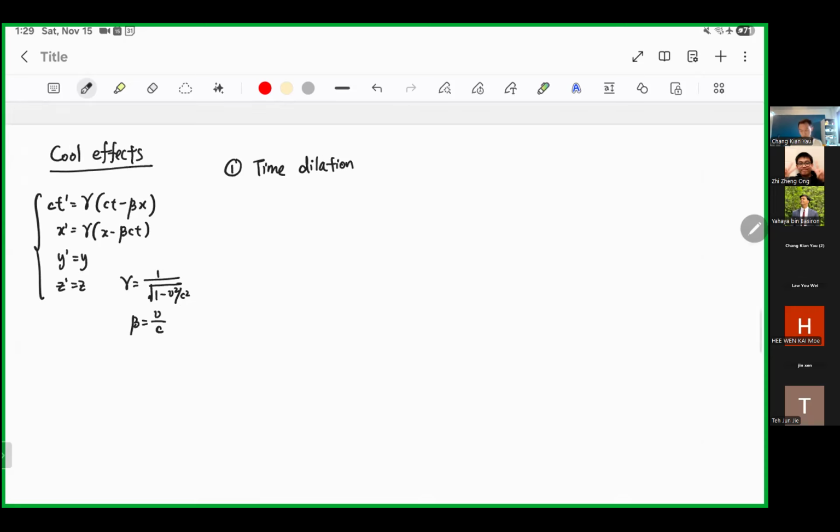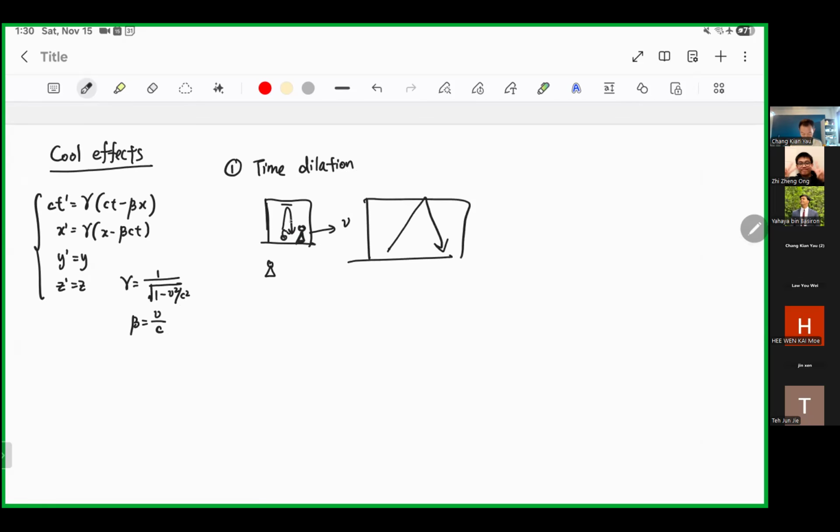There's a really cool time dilation derivation. If you have a train, and you have a light source and a mirror here, and the light goes like this, and a person is standing inside and a person is standing outside, and the train moves with a velocity v. You can find the derivation online, but basically you can derive the time dilation this way.